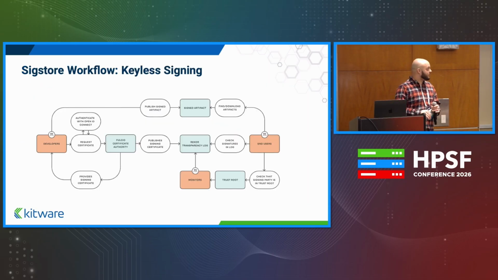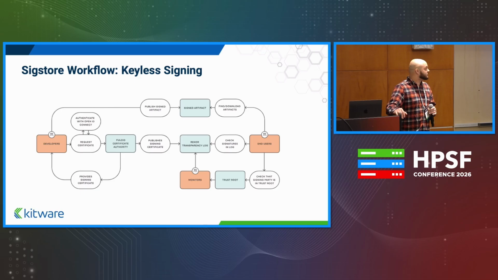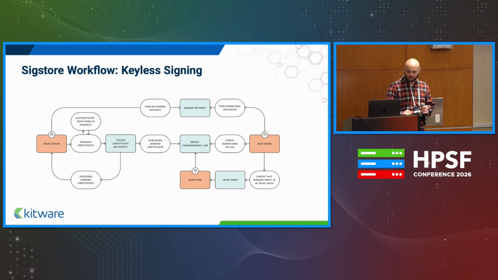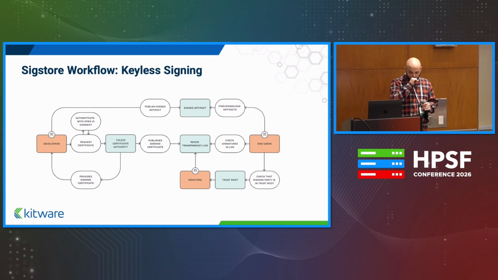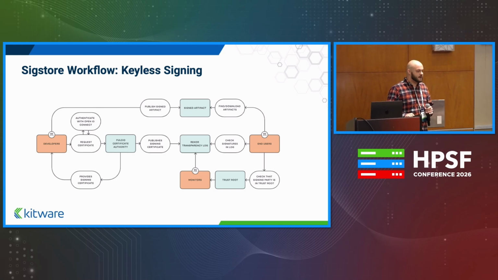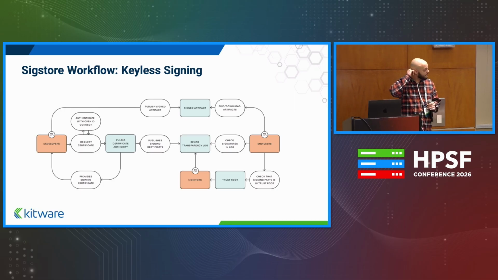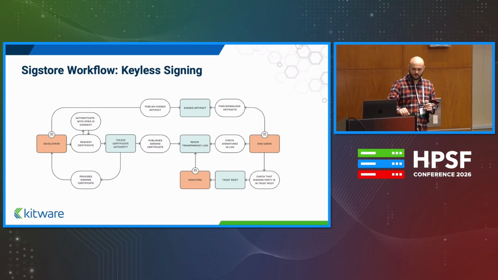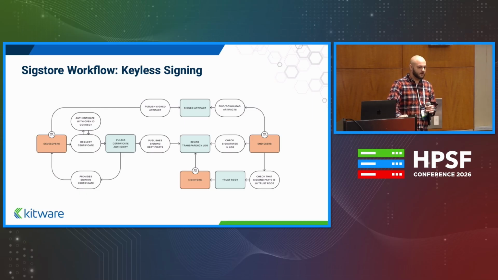Okay, so as promised, here's from the Sigstore webpage, their workflow. This is a keyless signing workflow. So this is the temporary signing certificates that get issued from Fulcio. On the signing node, you have an OIDC token.